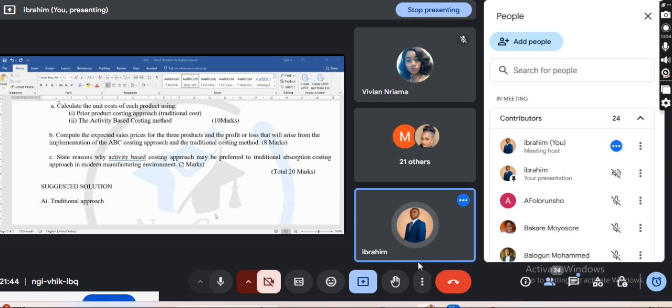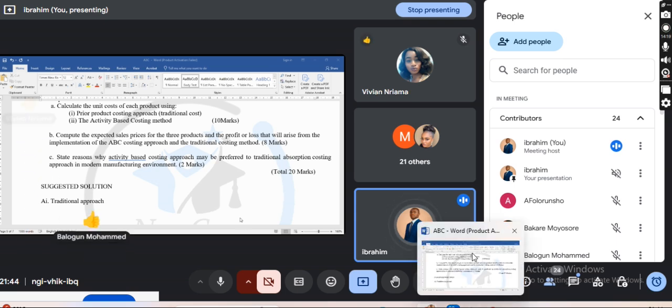But if the question says full cost, it means that when you determine your unit cost of the overhead, you need to add your variable cost. Remember that your overhead plus your variable cost will give you your full cost. Class, are we still together?